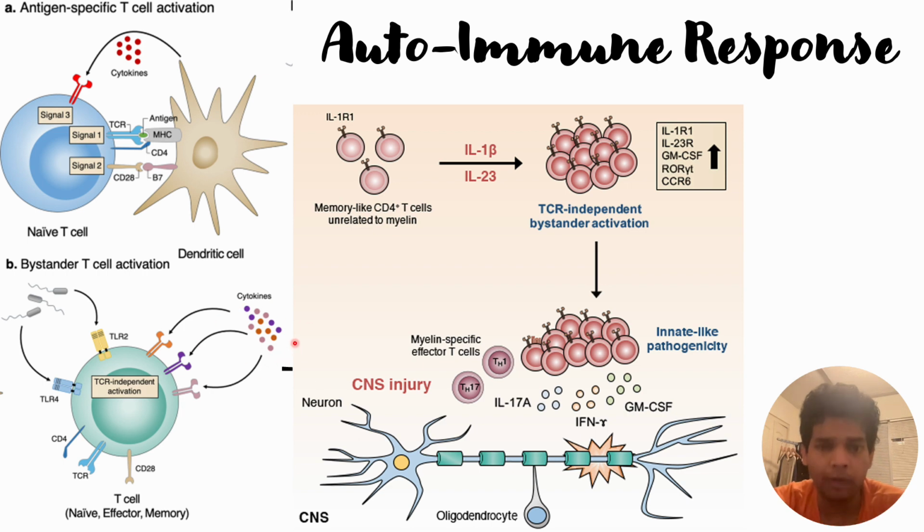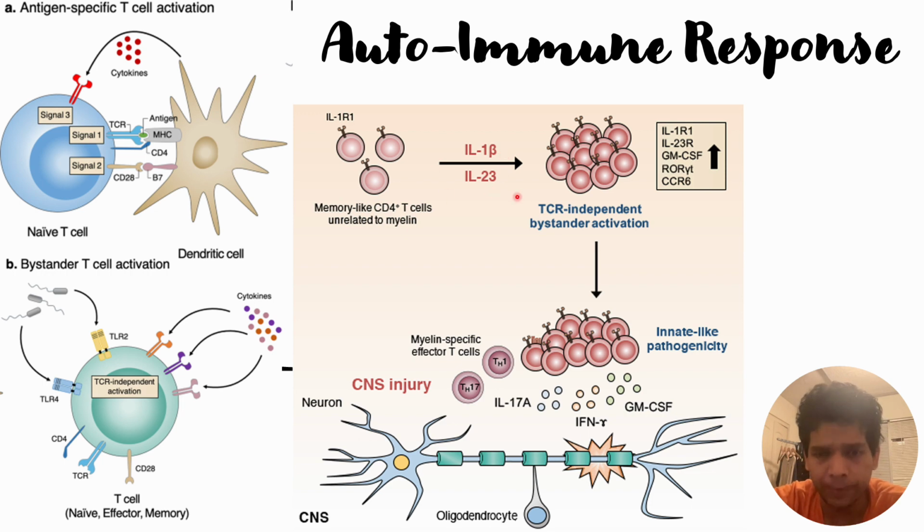And one of the examples of how these bystander T cells get activated and affect their own tissue or own cells is shown in the figure in the middle of the slide. In this case, the cytokines that trigger the bystander T cell activation are interleukin 1 beta and interleukin 23.